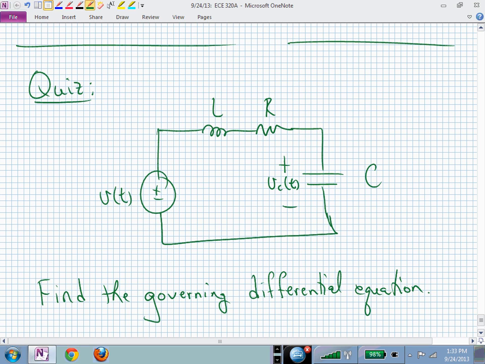And those two things can play together, but they're both storing energy, aren't they? Or capable of storing energy. So you have two energy storage devices, which means you probably should expect a second-order differential equation, or two coupled first-order differential equations. And where do those guys come from?